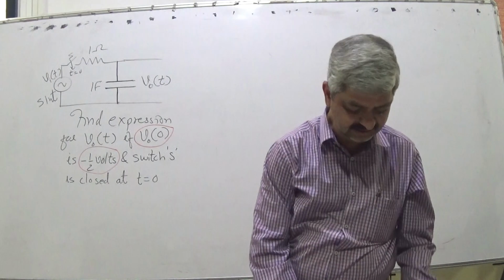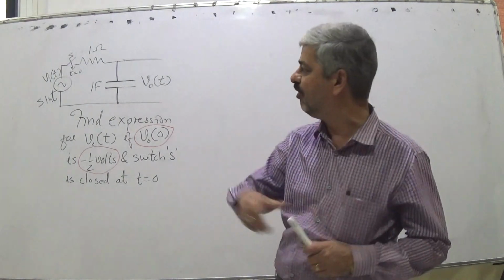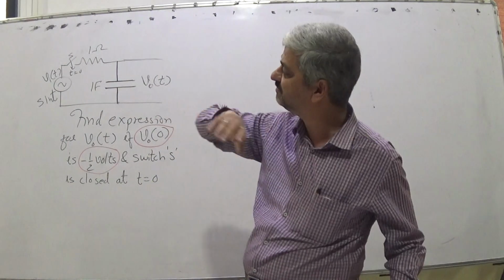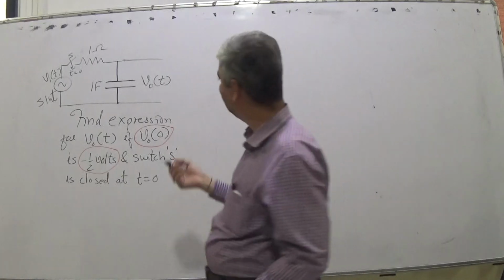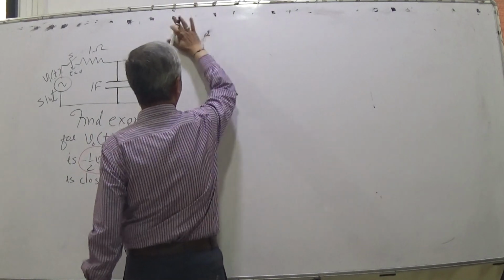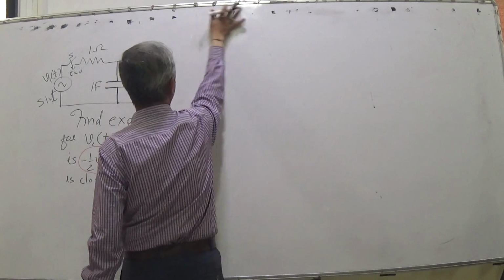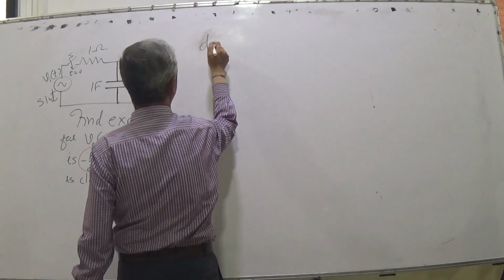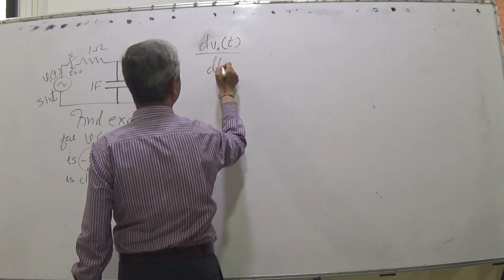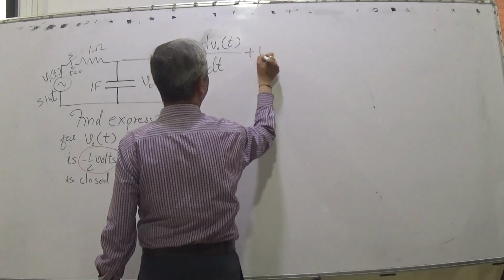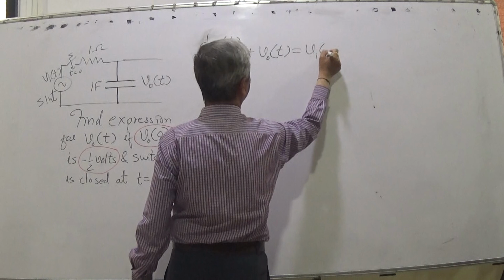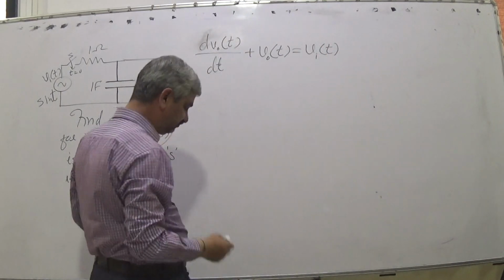As discussed, the differential equation for this circuit, irrespective of initial condition, irrespective of what input you apply, which governs input and output, is very simple. dVO(t) by dt plus VO(t) is equal to Vin(t).